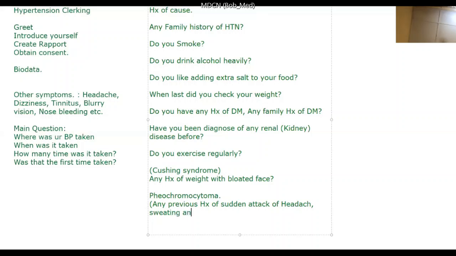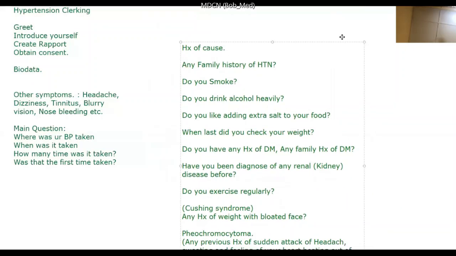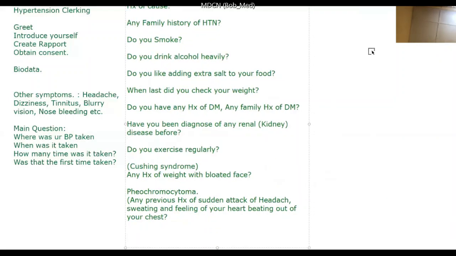The patient might not understand palpitation, so you might want to ask things like feeling of your heart beating out of your chest. You understand? How many have you mentioned, doctors? 1, 2, 3, 4, 5, 6, 7, 8, 9, 10. That's enough. The other causes you might want to rule out, but that is enough.